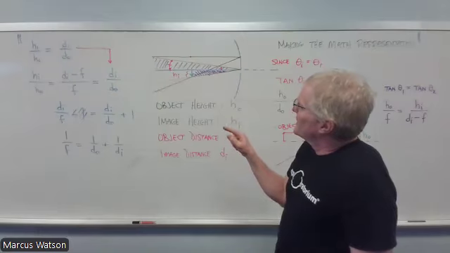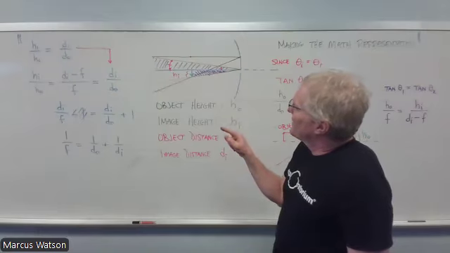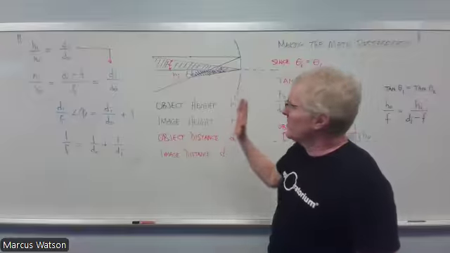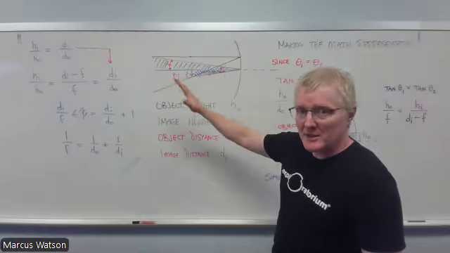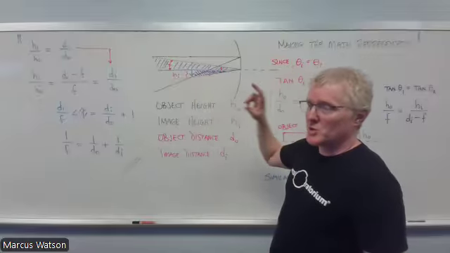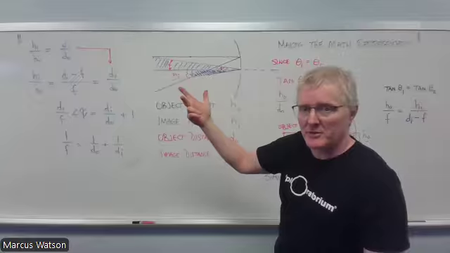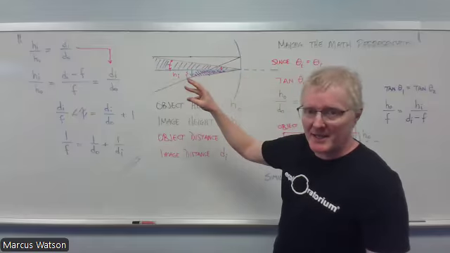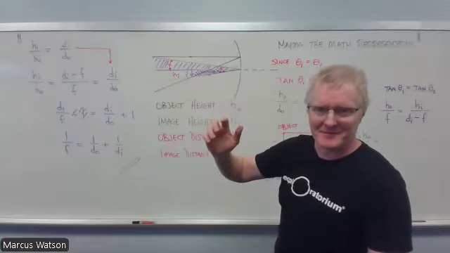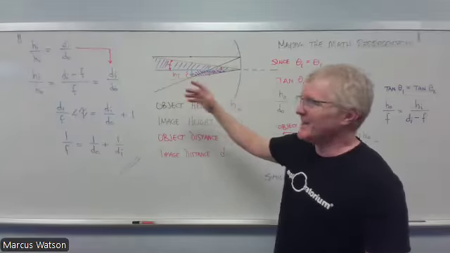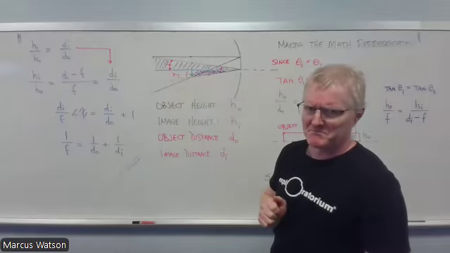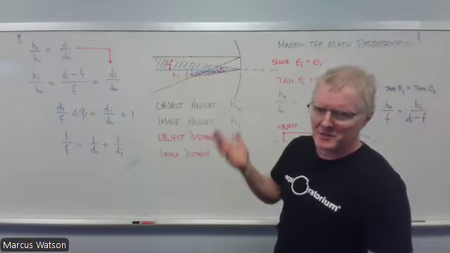The second one is we need to come up with a sign convention. Okay? Because remember, we've divided the mirror into real and virtual sides. So I need to be able to distinguish between those two things. Okay? So let's call everything that happens on the real side positive. Right? Because that's where light is. Let's say everything that happens on the virtual side negative. Okay? Because why not?